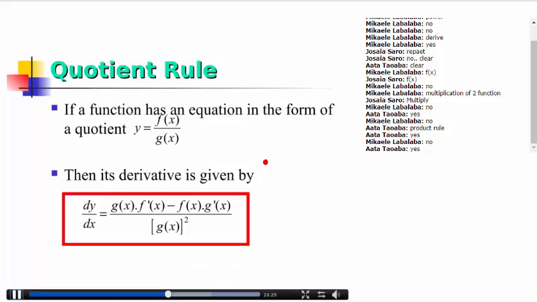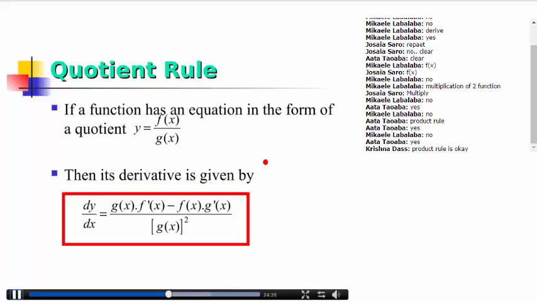Quotient rule. So when do we apply quotient rule? We apply product rule when two functions are being multiplied. That's what we saw. Okay. Good. So let's look at quotient rule. When do we apply quotient rule?